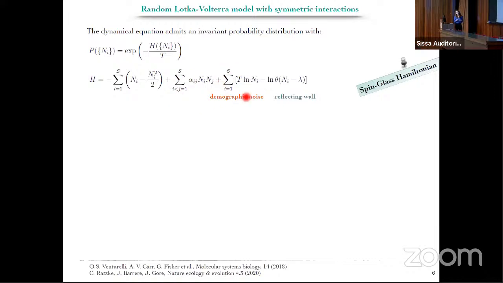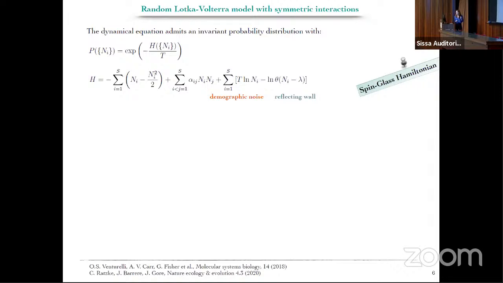To be more precise, this term is a demographic noise that, as I said, can be obtained by proving the mapping between dynamics and statics through a Fokker-Planck approach, and is proportional to T log N. Then to model the migration parameter, we assume the log of a Heaviside function, meaning that when N_i is greater than lambda, this term does not matter because the log of 1 is 0, and so we don't care about it.